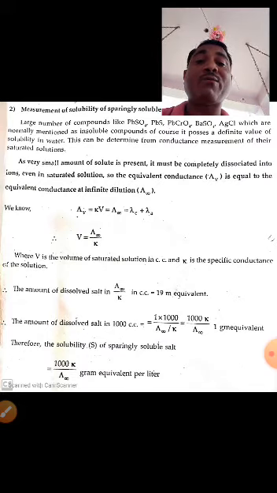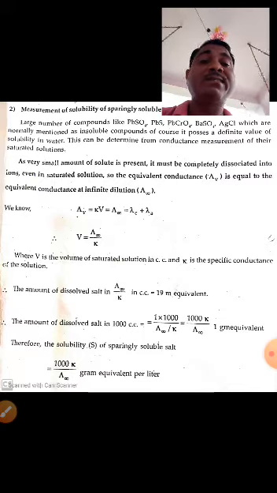That means they also show some small solubility in water. This can be determined from the conductance measurement of their saturated solution.